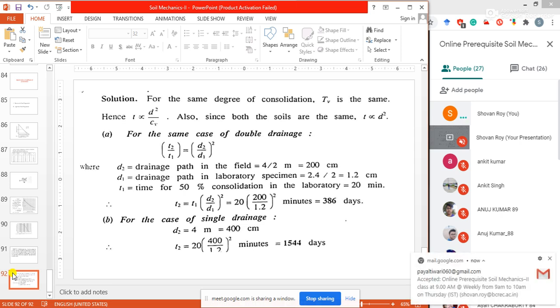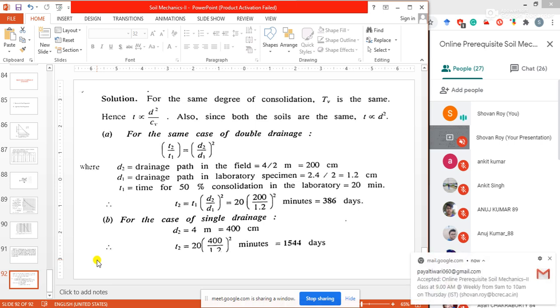For the same case of double drainage, condition A, t2 by t1 equals d2 square by d1 square; this formula is needed to find the actual time, because time is important.